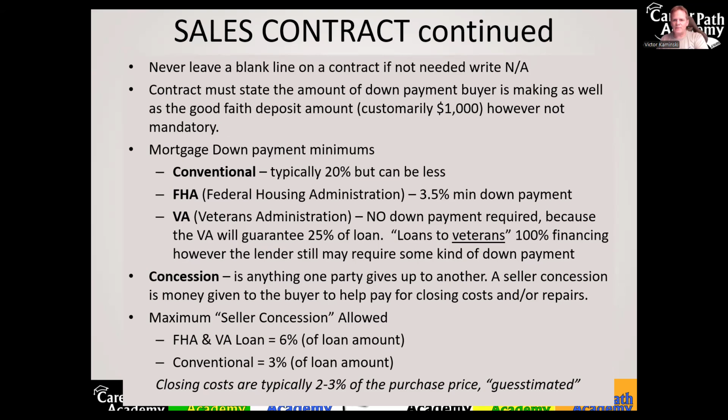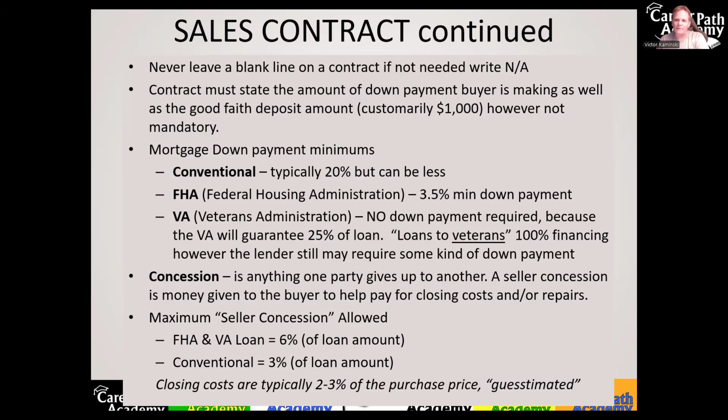The mortgage payment minimum will be dependent on the type of loan they're getting. Conventional loans typically require 20% down payment, but it could be more, it could be less. We don't know. We got to take it from whatever the lender says on that pre-qualification or pre-approval letter. FHA loans have a minimum 3.5% down payment requirement. However, the buyer could be making a larger down payment.